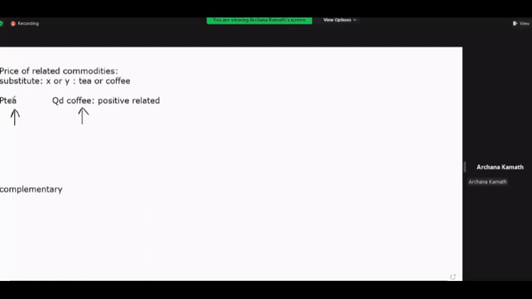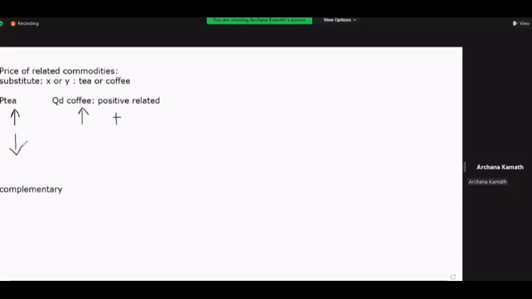See, the price of tea increases, you will definitely cut down the consumption of tea, and in order to compensate for that, you will shift to the consumption of coffee. That is the reason both are moving in the same direction. As a result, they are positively related. At the same time, imagine the price of tea dropped to a very large extent. Instead of consuming 1 or 2 glasses of tea every day, you now increase its consumption.